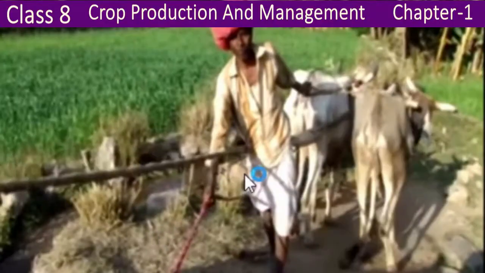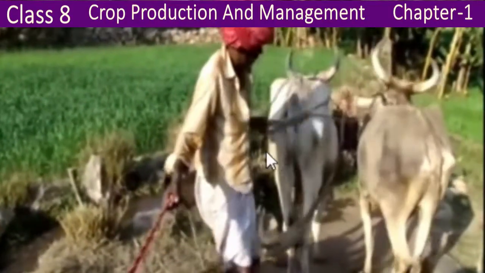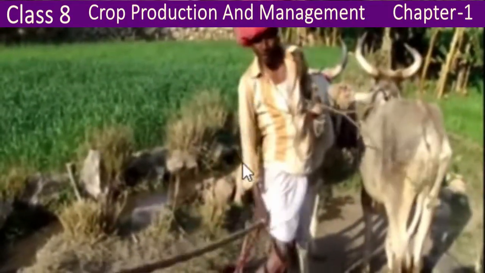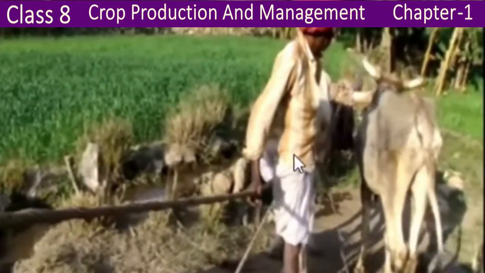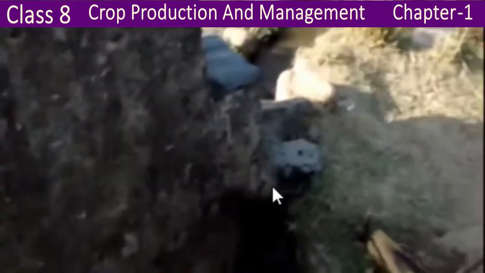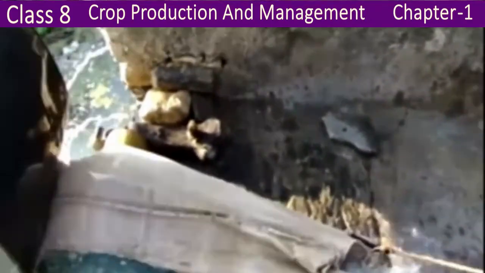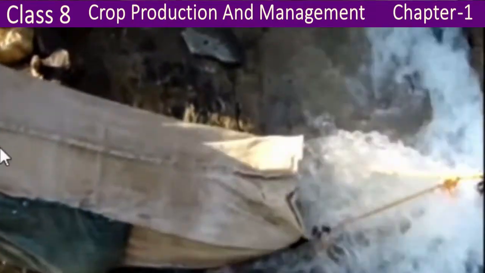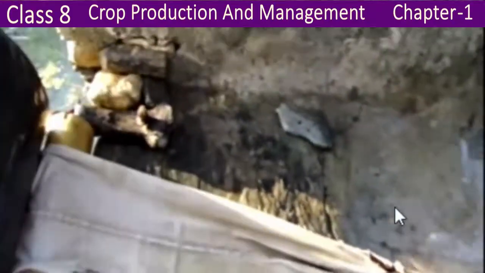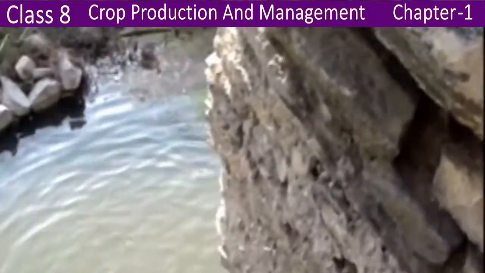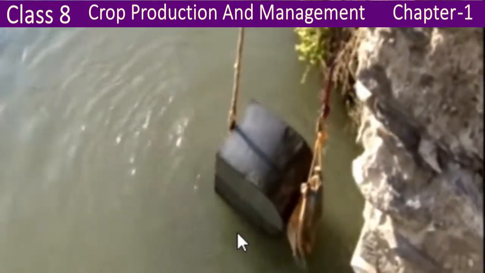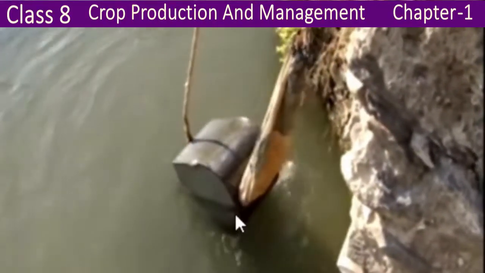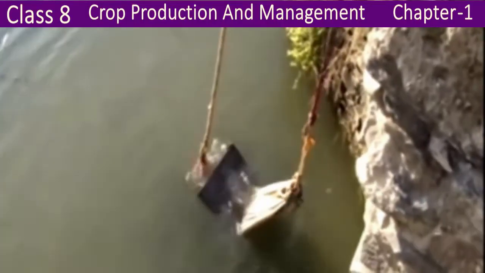This is also a very tiring way of irrigation, right? The person has to struggle a lot. He has to keep on moving the bulls. See, bulls are moving away so that the container is coming up and water is poured. See, the bucket is going down and it is taking water, right? And it's coming up as the bulls go away.